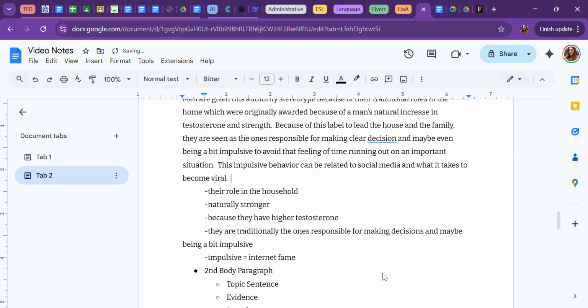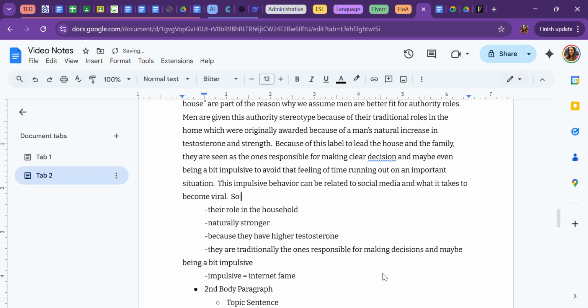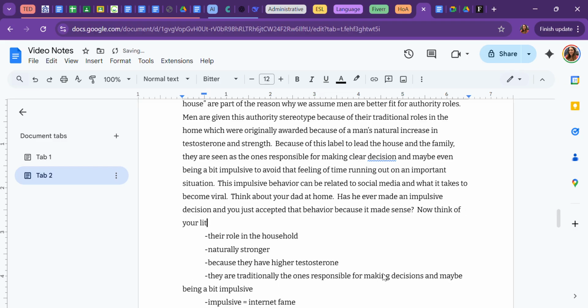So, a real world example now. A real world example of why men are viewed this way. Think about your dad at home. Has he ever made an impulsive decision and you just accepted that behavior because it makes sense? Now think of your little sister.